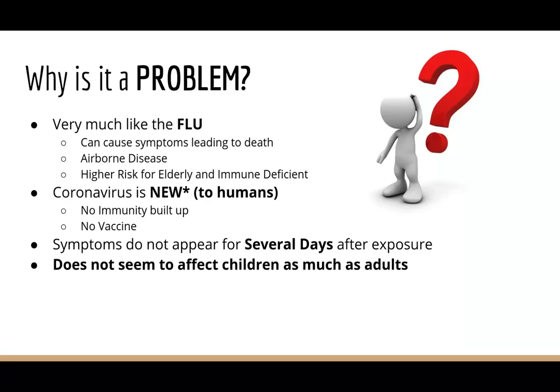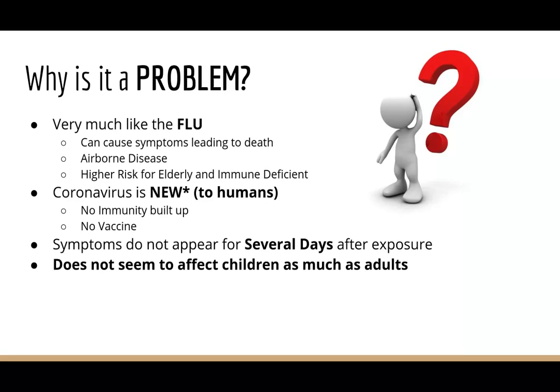Because it travels through the air, anytime you cough or breathe, you're shooting little viruses out into the world, floating around in the air, and they can possibly infect another person. Because there are no antibodies built up to defend against this virus, it spreads like crazy, and very quickly, especially when you're in close proximity.